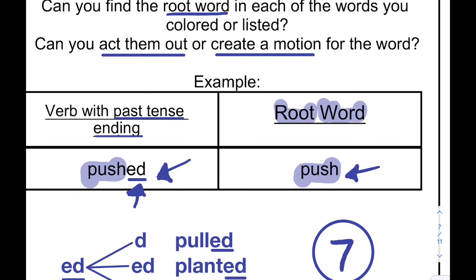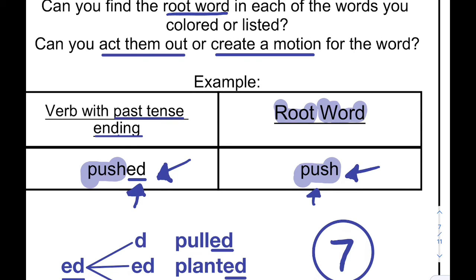Or if I take the ED off, if I drop it off, then I have the root word push. I would not need the t sound. I would just say, I push my grocery cart. That would be something that I'm doing now in the grocery store. I push my cart.